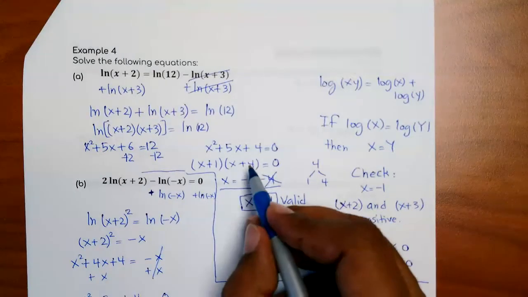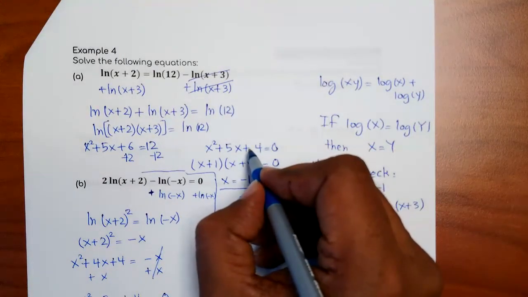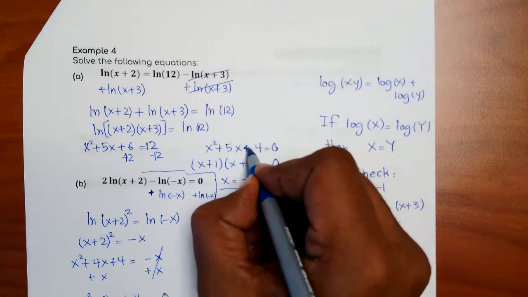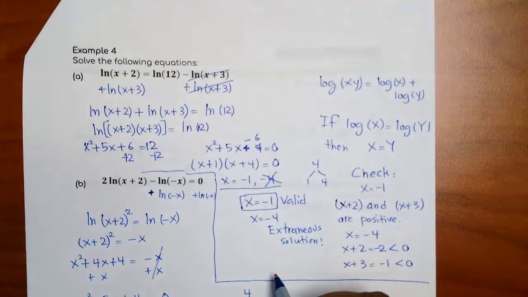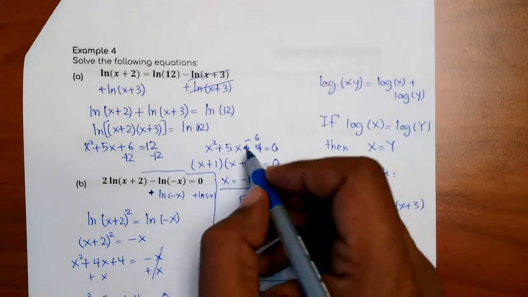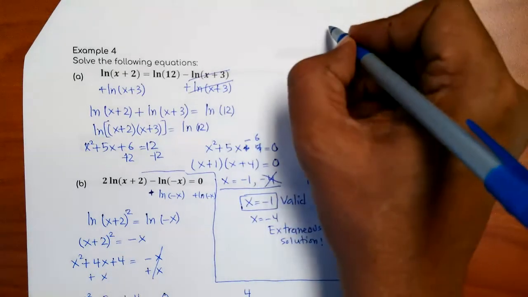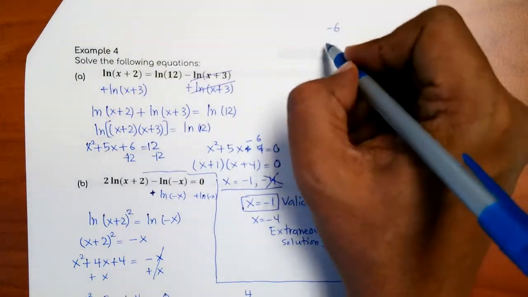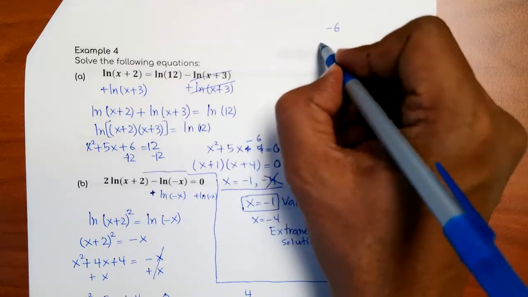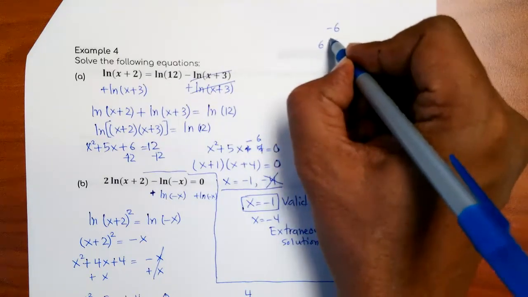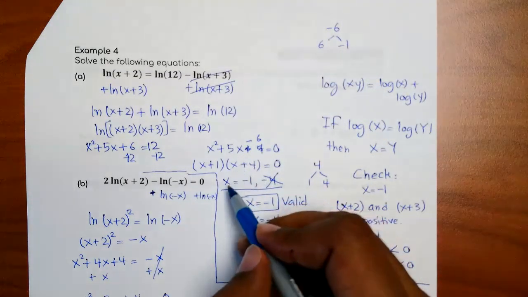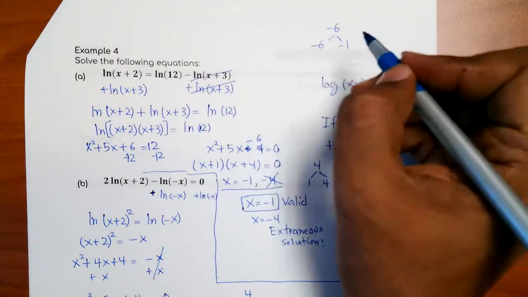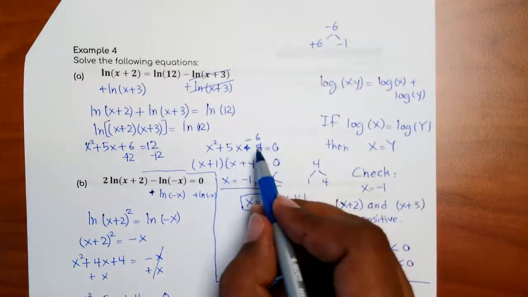Okay, and this becomes -6, and then everything changes basically. So when you factorize this for -6, you can get 6 and -1. Okay, 6 and -1 will give you -6 when you multiply them, and +5 when you combine them.